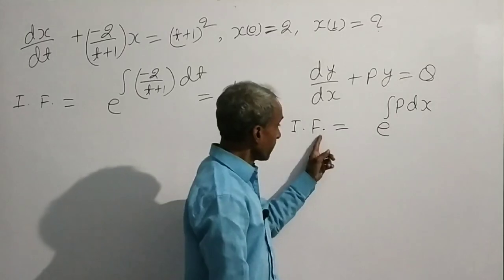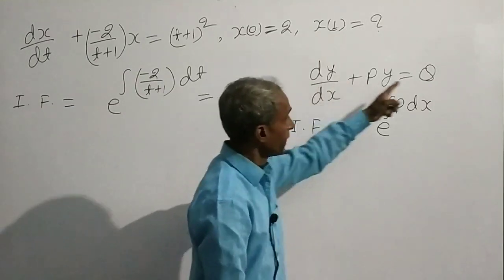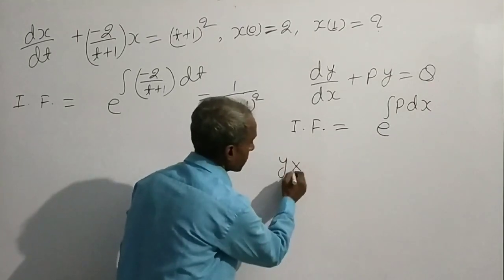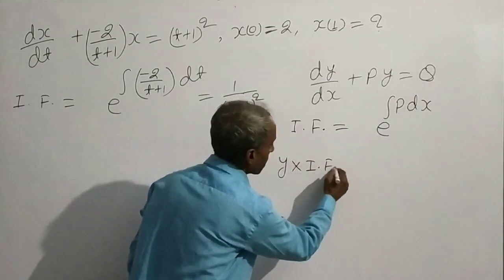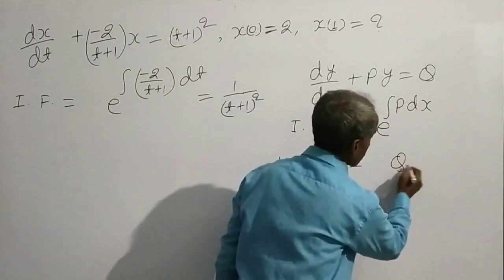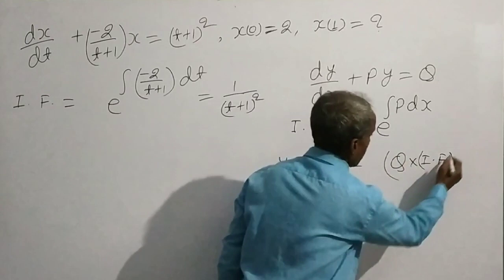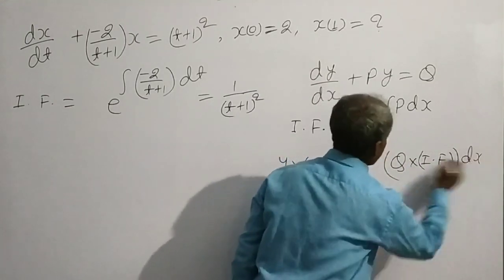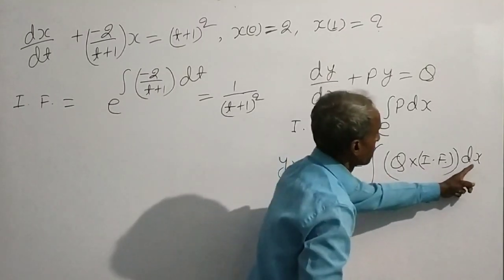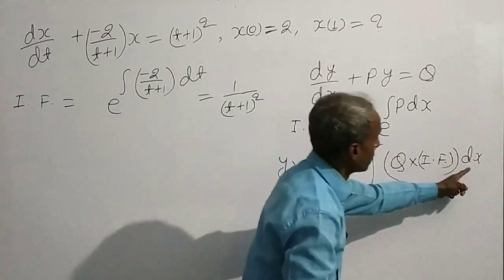After finding the integrating factor, we write the solution of this linear differential equation as y times integrating factor is equal to integration of q times integrating factor with respect to dx, that means with respect to the variable appearing in the denominator.